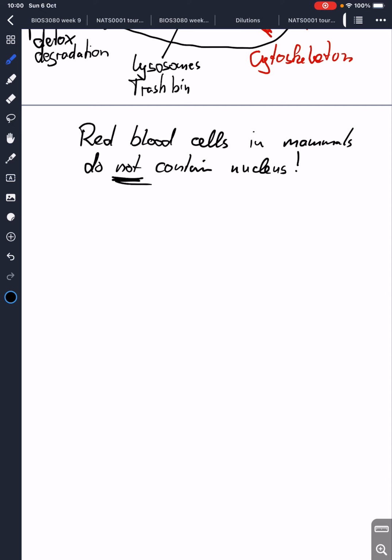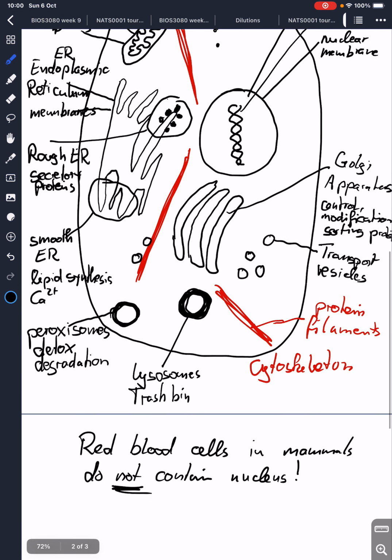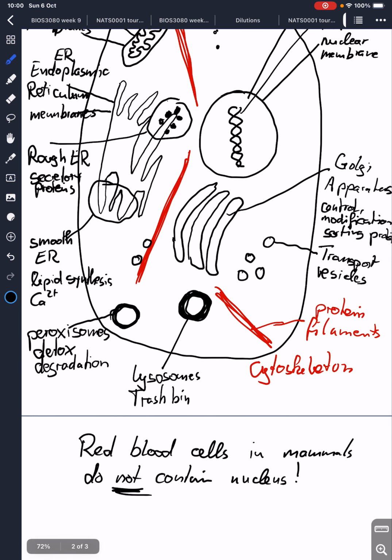But when the red blood cell matures, it loses basically all of the membrane components, including the nucleus, and the red blood cell changes its function. It does not have any membrane-bound components, no mitochondria, no endoplasmic reticulum, no nucleus. It is just simply a bag full of hemoglobin that is transported around in the body. So that is for mammalian cells.